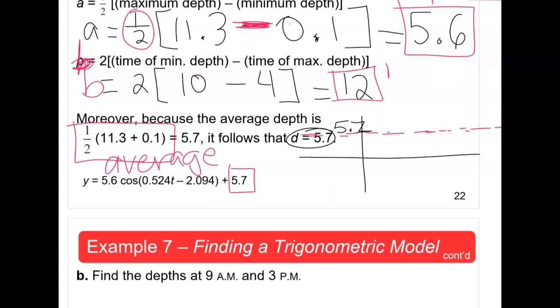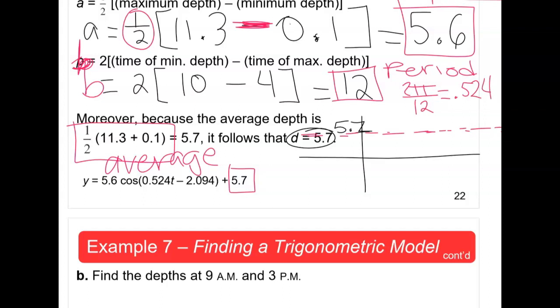Well, because to find the period, we need 2 pi over B. And B, we found out, is 12. And so if we divide that, we will get approximately 0.524.